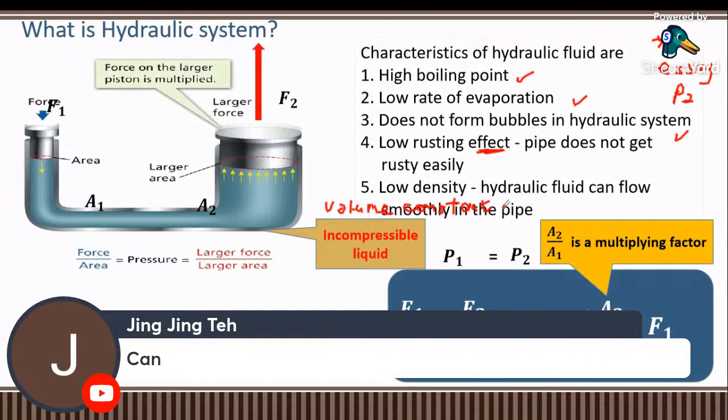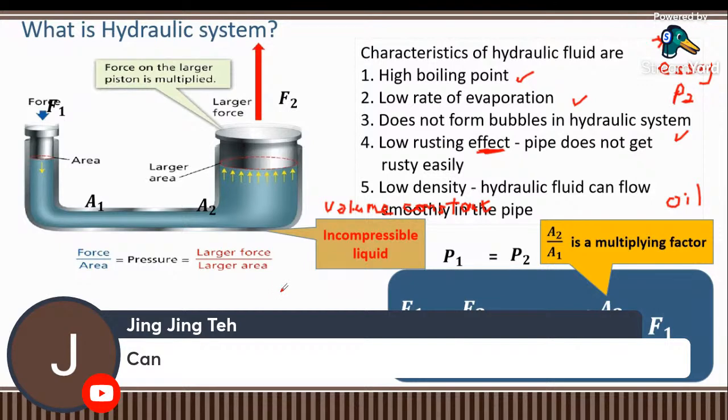Based on these characteristics, can you relate all of them to one type of liquid? Kalau tengok semua ni, ini karakteristik yang ada pada apa? Not water. Oil lah. That's why in the hydraulic brake system, kita ada oil brake, kita tak ada water brake kan?